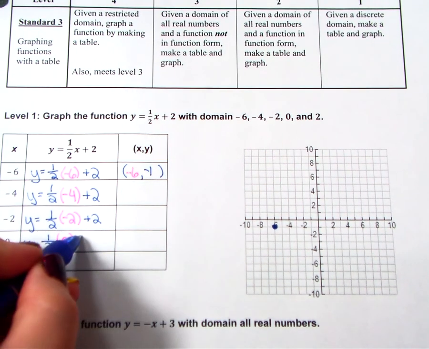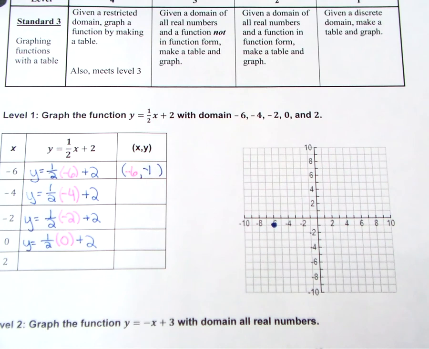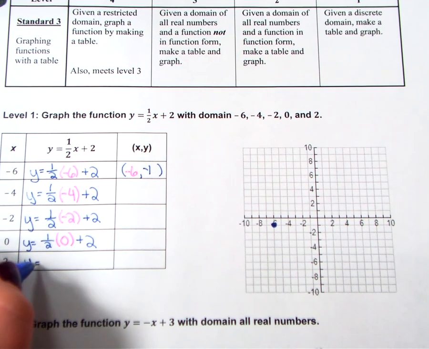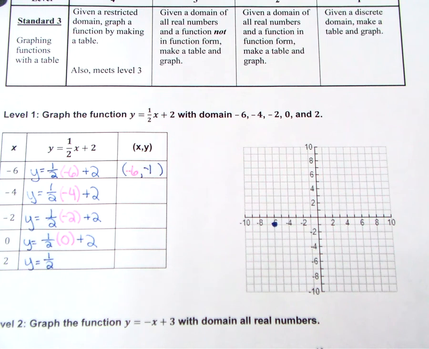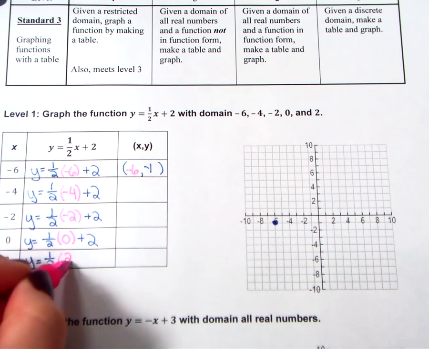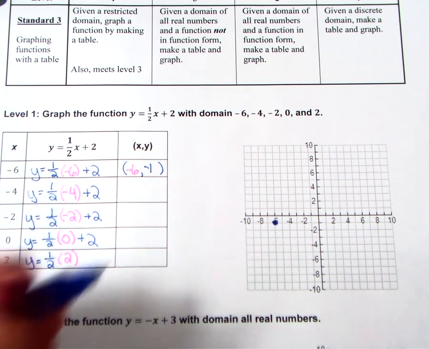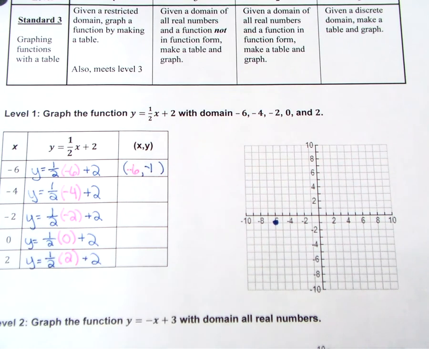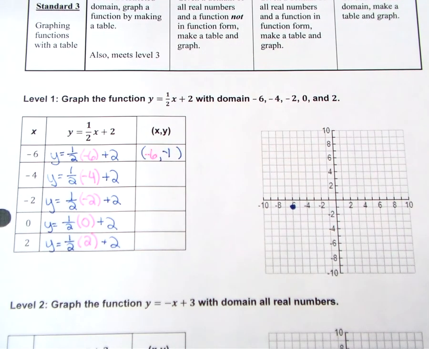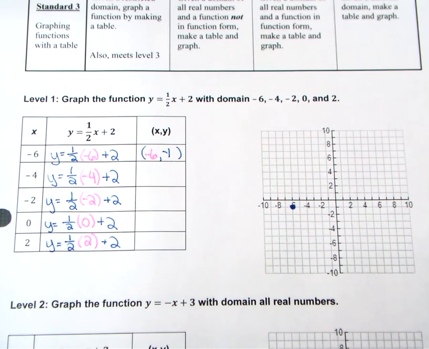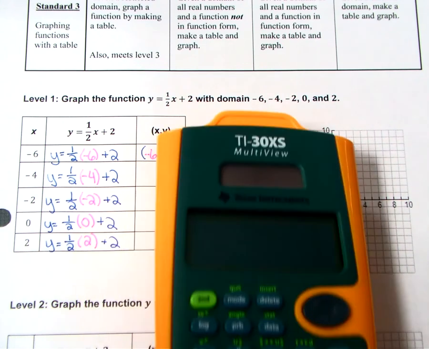This is why we spent so much time the last few days talking about plugging in that variable or that number for x and solving it out, because it's going to be so important when we move into graphing, which is what the rest of this unit is over. So we have y equals 1/2. This time we're plugging in 2, plus 2. Like I said, I really find it very helpful to have this written for each individual number in the domain. It just helps keep us clear here.